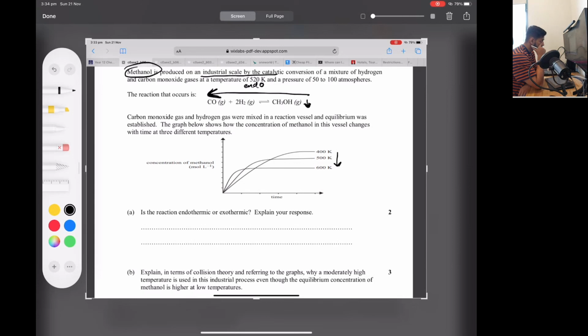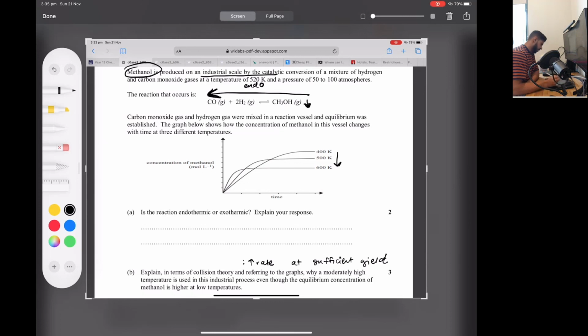Increasing the temperature increases the kinetic energy of all particles in the reaction, and that increases the rate of collisions and therefore the number of successful collisions, which increases the reaction rate. So as a result, a moderately high temperature is used to form more methanol quickly.